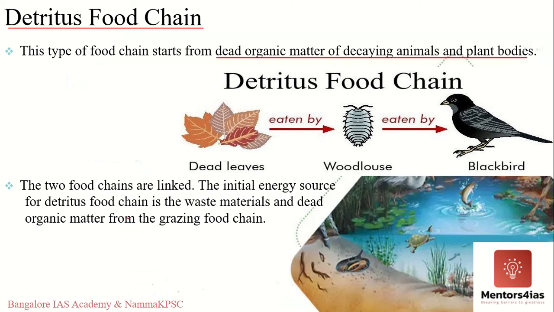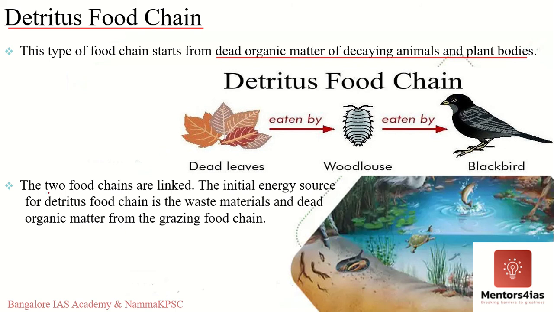So whenever we talk about food chain, the two types of food chains are grazing food chains and detritus food chains. The basic difference between the two chains is the source of energy at the first level. In the grazing food chain it is primary producers, whereas in the detritus food chain the first level is always dead and decaying matter.